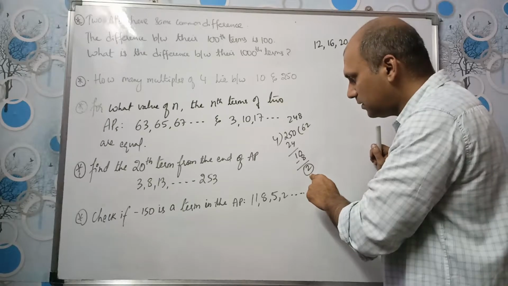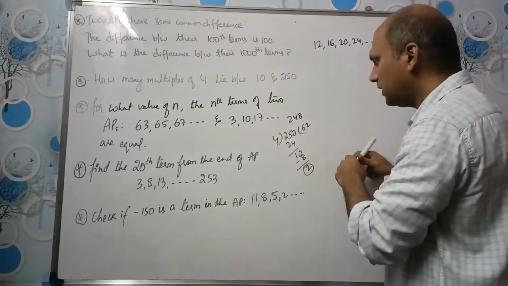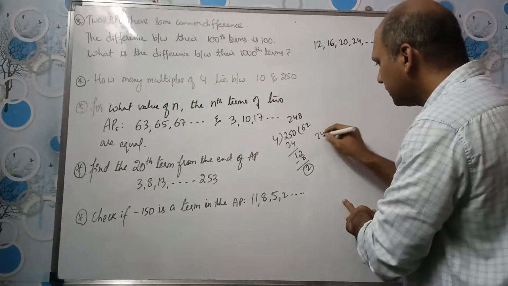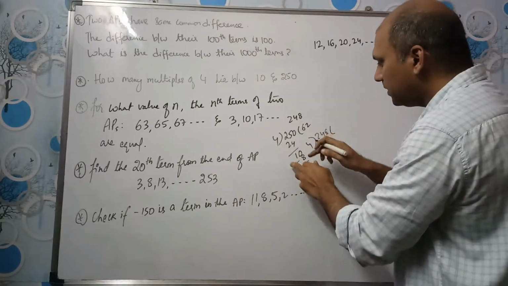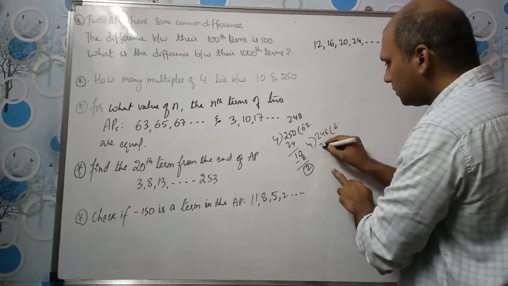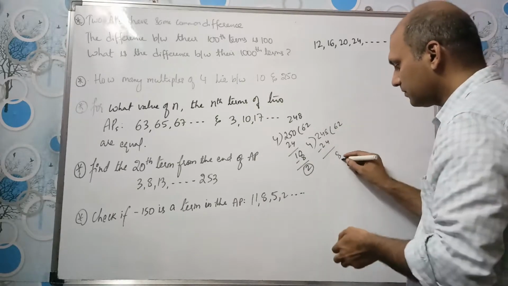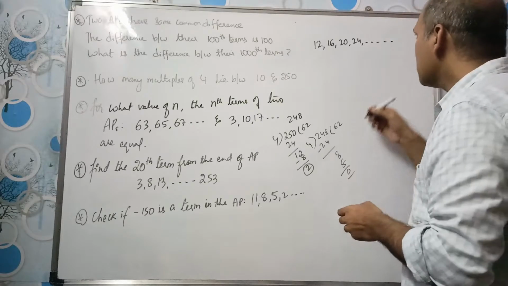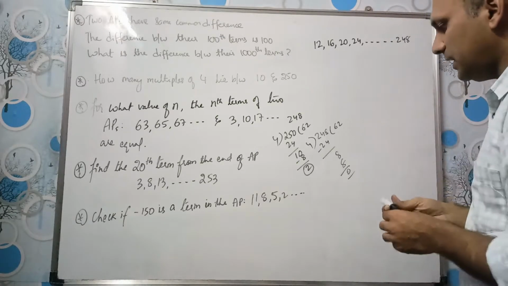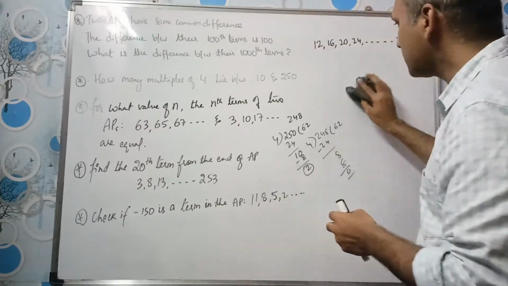Let us check: 2 6s are 24, and you will have 8 here, 2 4s are 8. So the last term here will be 248. Like this we need to find the last term.